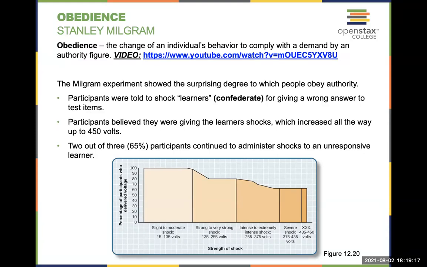We looked at what happened at Abu Ghraib in Iraq, which the Stanford prison experiment kind of predicted could happen. And lo and behold, it did, right? So here's another example of obedience and authority figures and what this may be predictive of as well.